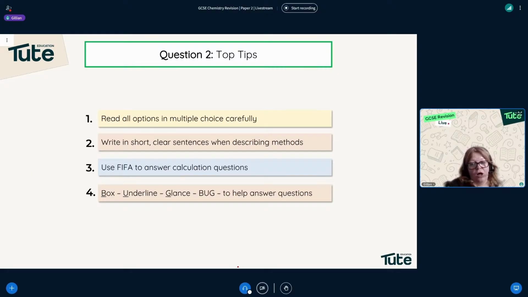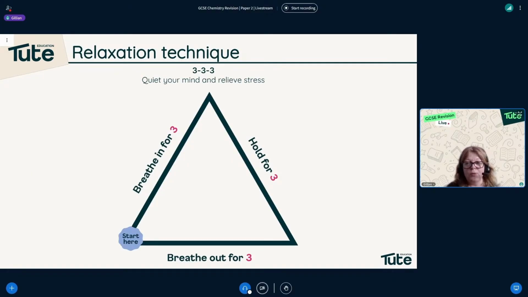Okay, so I don't know about you, but after doing a required practical 6 mark method question, I like to do a little relaxation technique. And this technique is used to help quiet your mind and relieve stress. You can do this before the exam. You can do this during the exam. Okay, so what we would do here, we would start here and we would breathe in for 1, 2, 3.